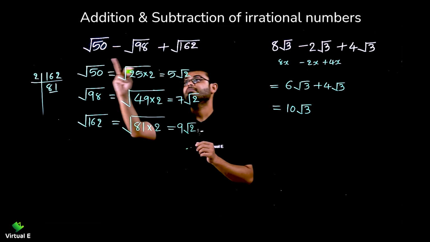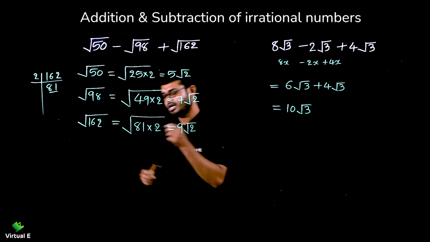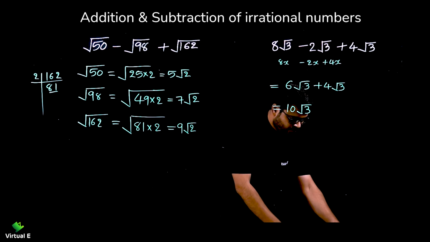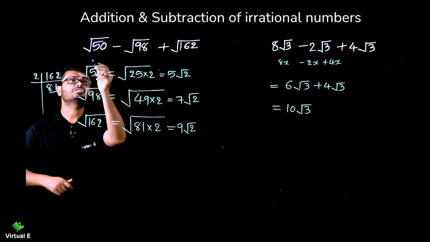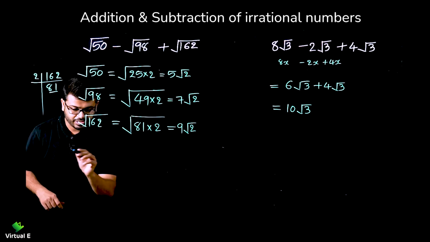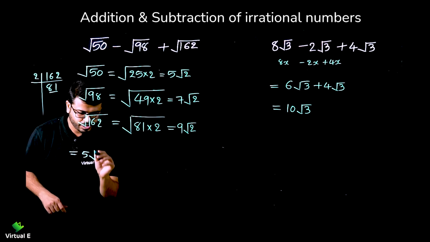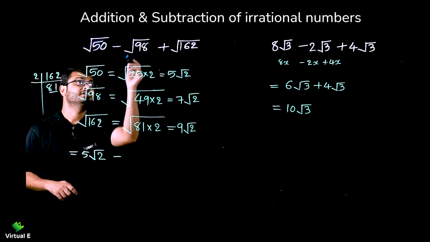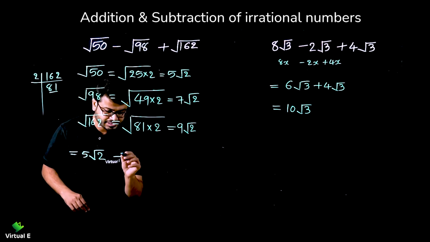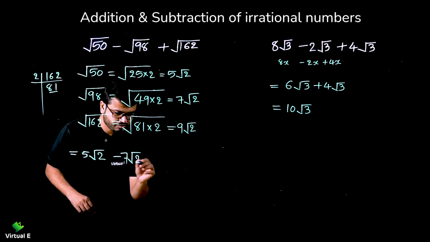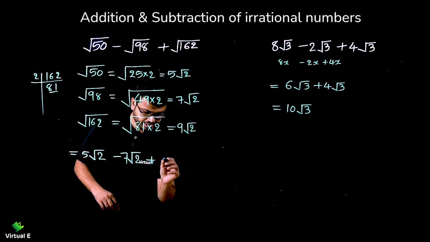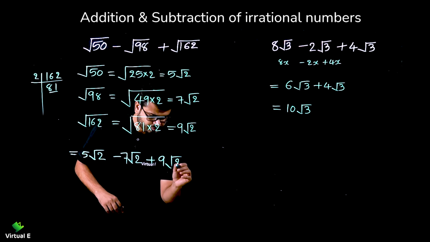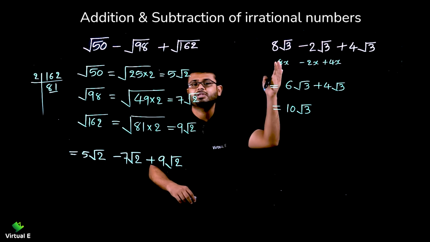So we have simplified these three terms. Now let's add or subtract according to the question given over here. So first of all, square root of 50. What can we write? 5 square root of 2 minus square root of 98, that is 7 square root of 2, plus here 162, so 162 we can write as 9 square root of 2. This is similar to the previous one that we discussed.